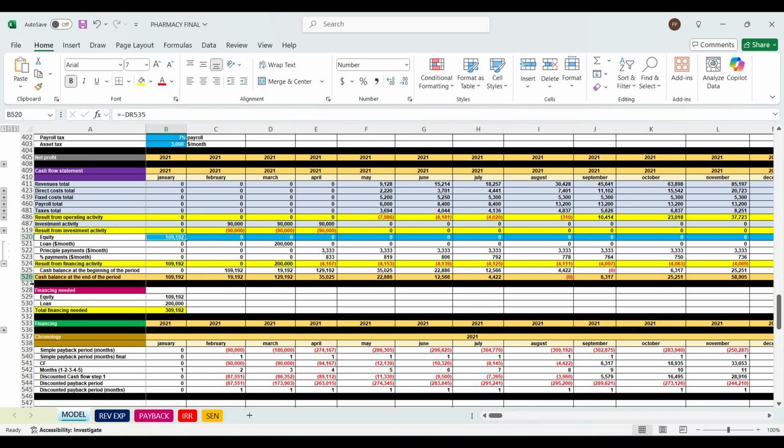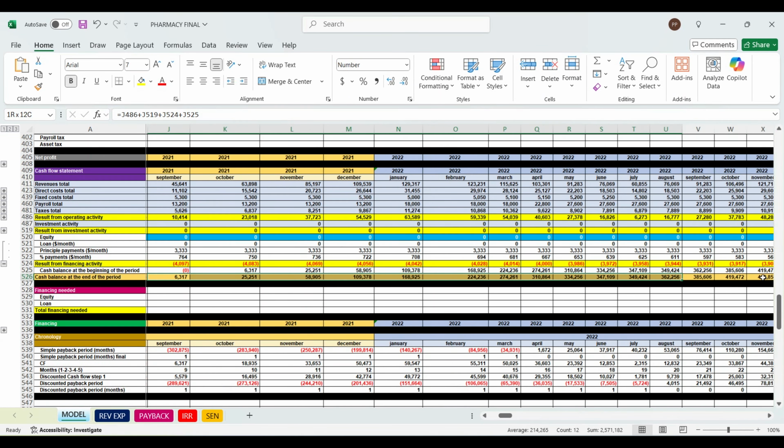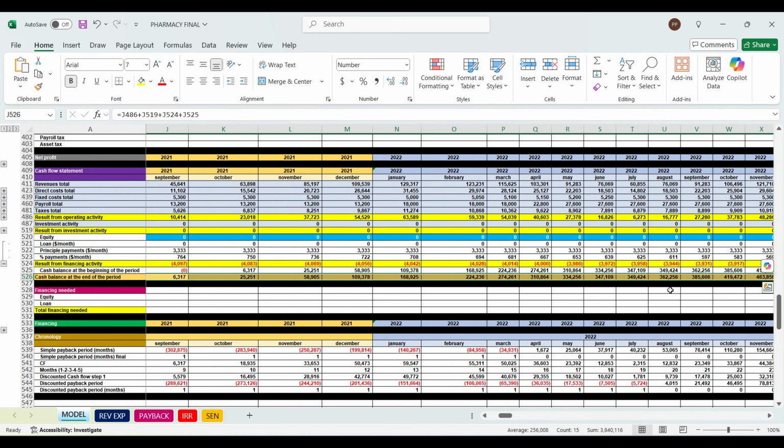If we look at the last line of the cash flow statement, cash balance at the end of the period, we will be able to see that first of all our project is eating the cash. Let's see it here. Then here we have mathematical zero when all the cash has been eaten, and then we can see how the project starts generating its own cash flow.